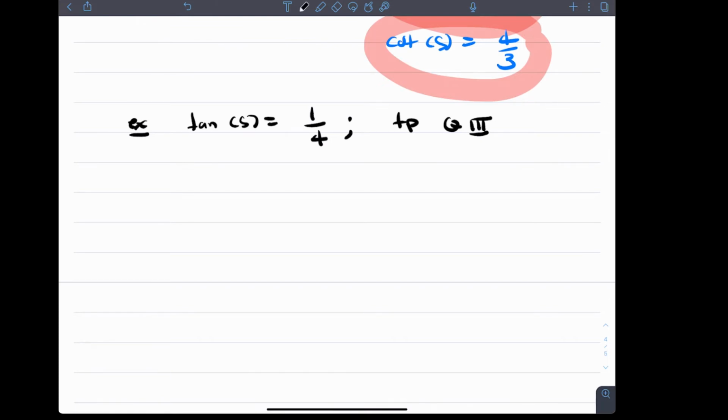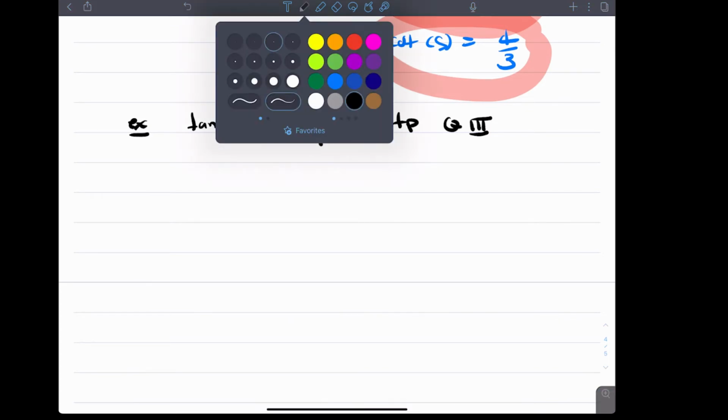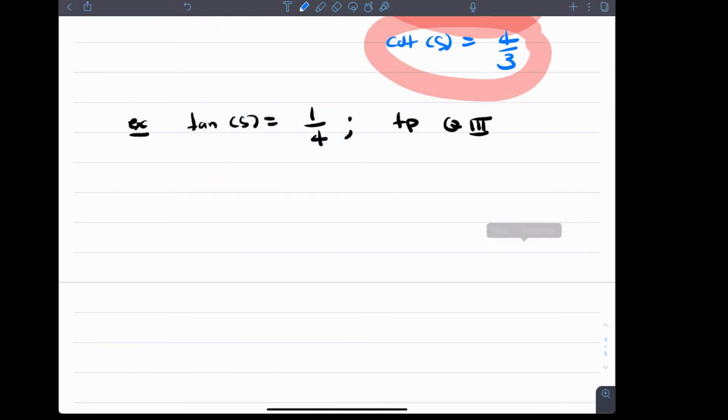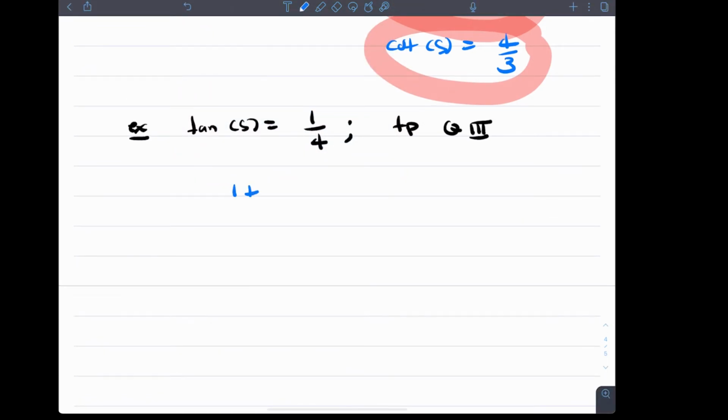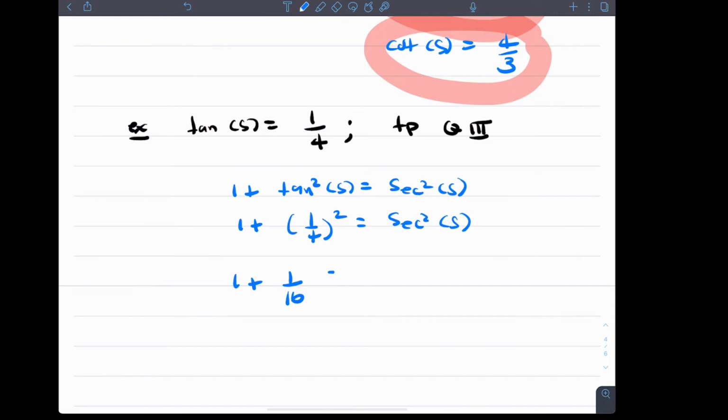Okay, how do you think you handle that one, ladies and gentlemen? Which Pythagorean identity do you use here? Remember, this is in the section where you have the Pythagorean identities. So you're going to put here 1/4. You're going to square that, and that should be secant squared. Is that true? So you get 1 plus 1/16.